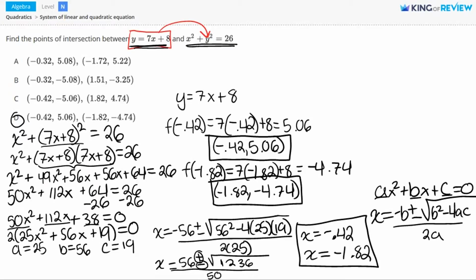So the first equation, y equals 7x plus 8, we know that this is a line because it's in slope-intercept form. Slope-intercept form is y equals mx plus b, where m is the slope and b is the y-intercept. So let's plot this.